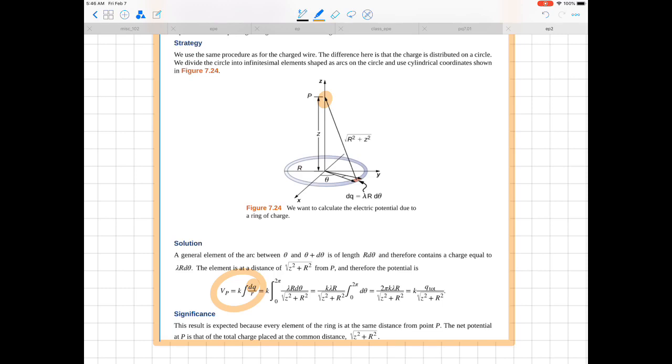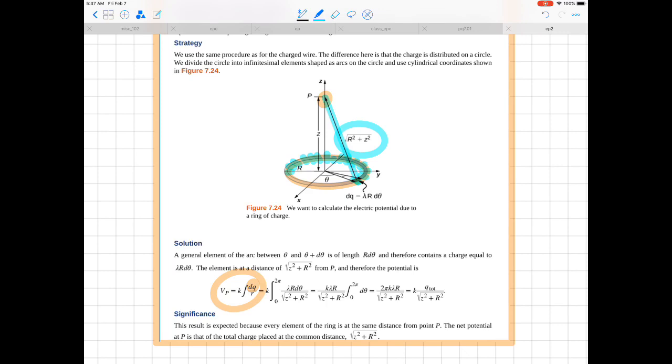So in this picture, you can see we've got a ring of charge, and what we're going to do is break up the ring into tiny chunks, and add up all of the contributions from each of these little chunks as they contribute to the potential at this location up here. So how far away is that location P from the ring elements?